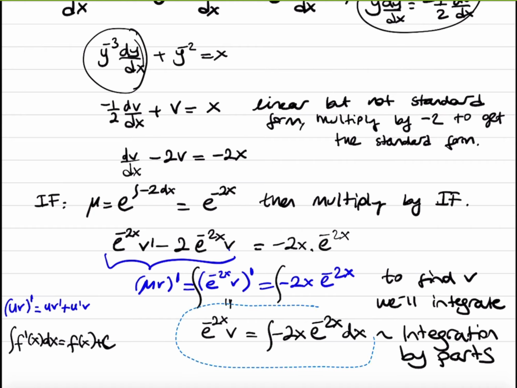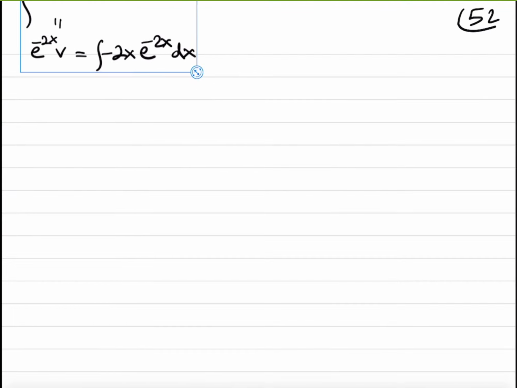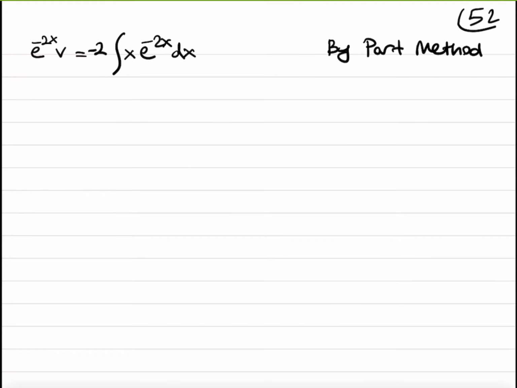Okay, let's do it on the other page. We will do integration by parts, but let's write the minus 2 outside also: minus 2 times the integral of x e to the power minus 2x dx.